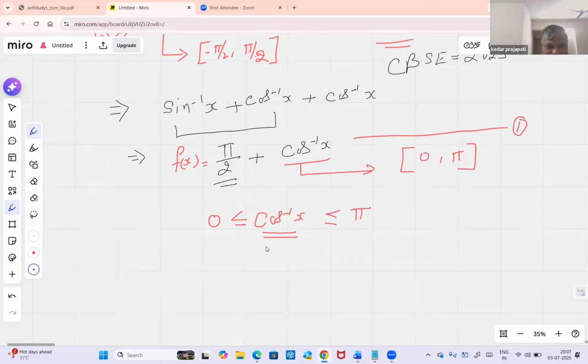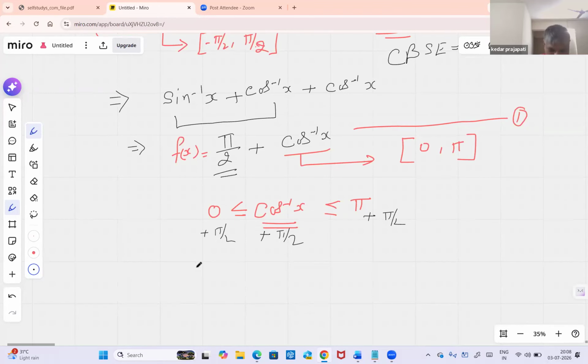So if I am adding pi by 2 here, then I have to add here also, and I have to add here also. So adding pi by 2 everywhere, this will become pi by 2 is less than or equal to pi by 2 plus cos inverse x is less than or equal to, I'm just adding pi by 2 here.